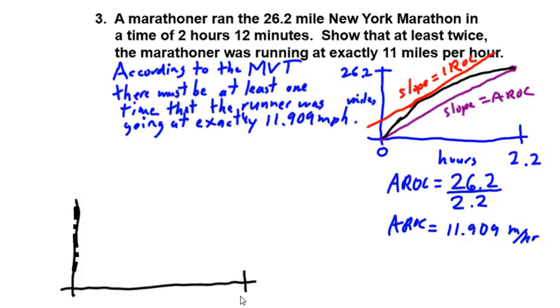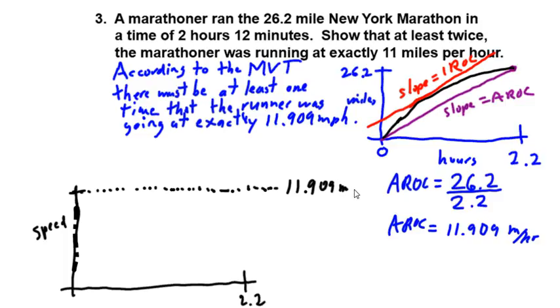So we still have the 2.2 hours, and I'll put speed over here. And this one right here, I'm going to make a horizontal line. It's going to represent 11.909 mph.